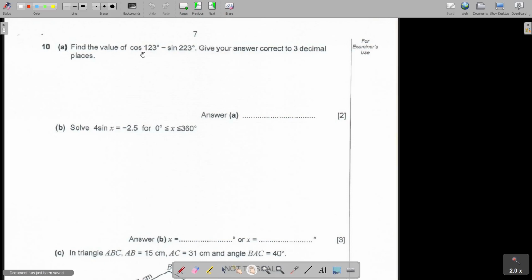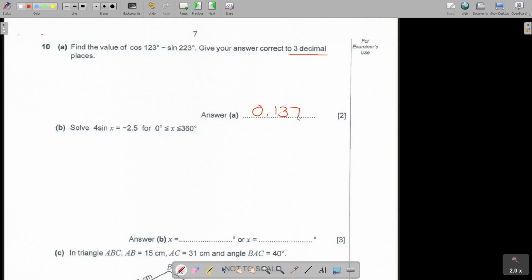Okay. So find the value. Basically, I'm just pressing on my calculator cos 123 minus sin 223 equals. And remember, they are saying to 3 decimal places, and I get 0.137. I didn't press it again, so I'm going to press it again.